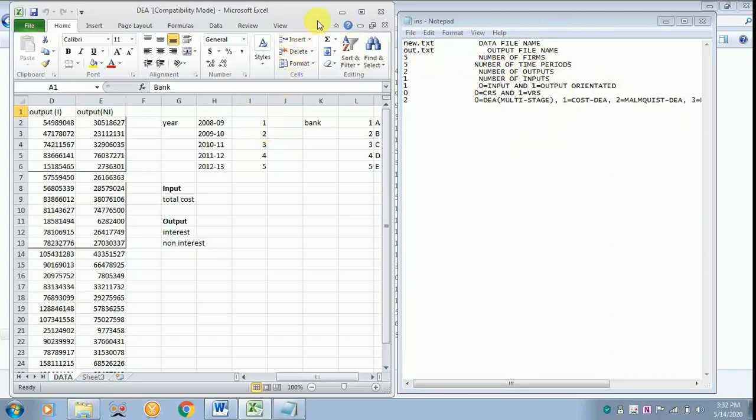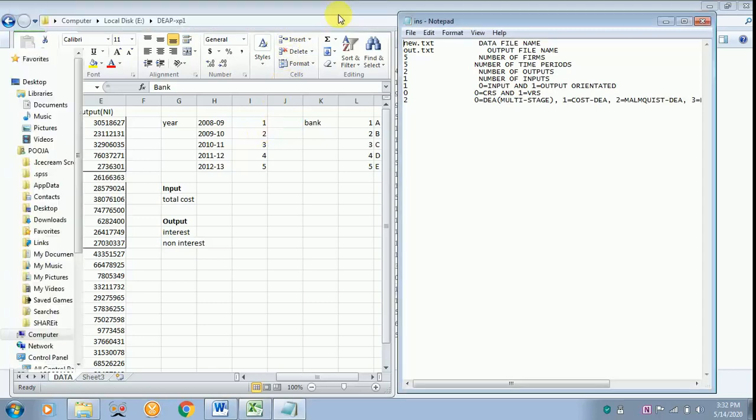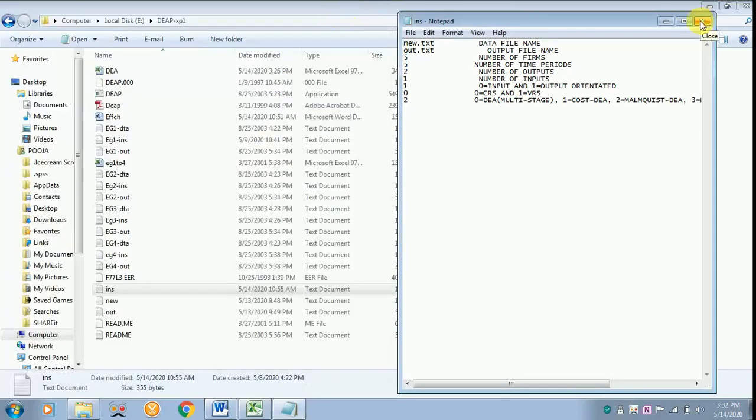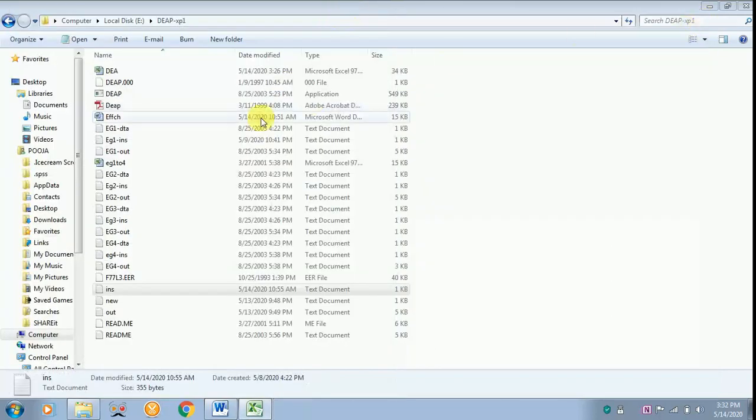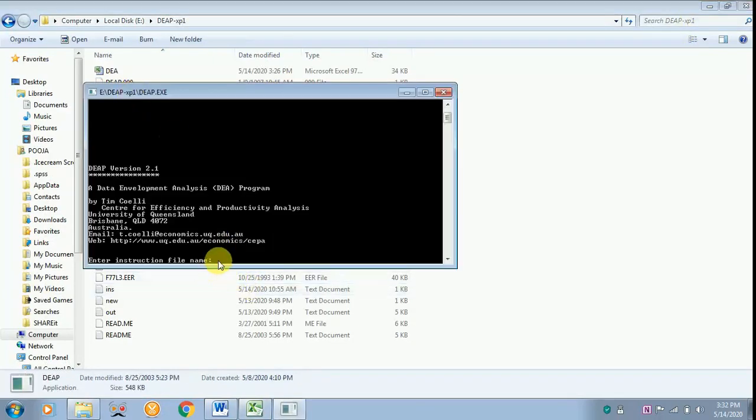Now we will get back to our software. I am just closing it and opening up the software. It will ask the name of the instruction file. The name of my instruction file is new.txt.